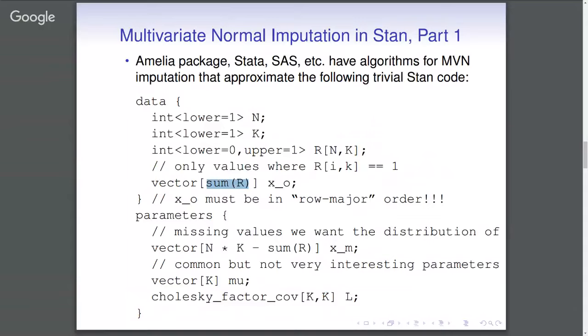They need to be, the way this is formulated here, in row major order. So let's say X11 is observed, X12 is observed. You're looking at this the other way. X11 is observed. The thing to the right of it is observed. The third variable for the first person is missing. So XO would have the 1-1 thing, then the 1-2 thing, skip the 1-3 thing.